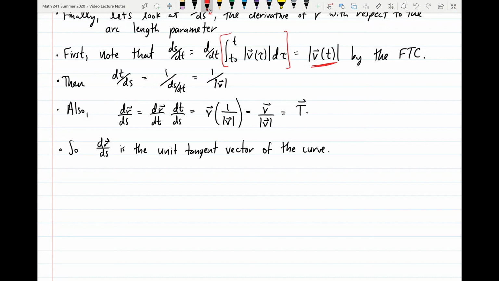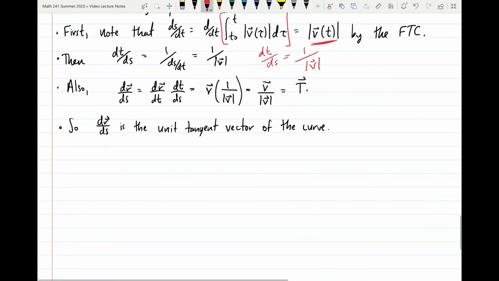So the key here is that the derivative of t with respect to s is equal to 1 over the magnitude of the velocity. And now we're going to apply the chain rule. The derivative of r with respect to s is equal to the derivative of r with respect to t times the derivative of t with respect to s.